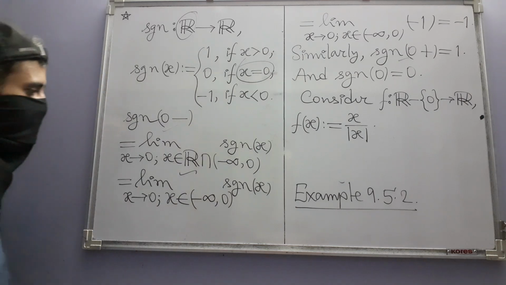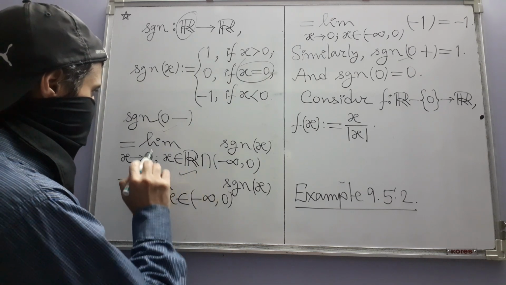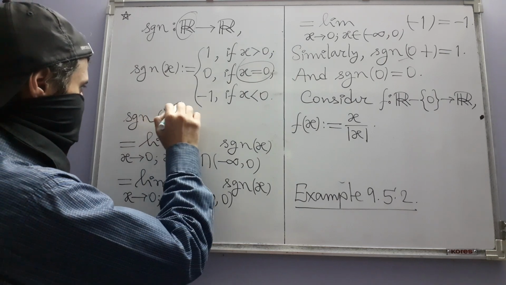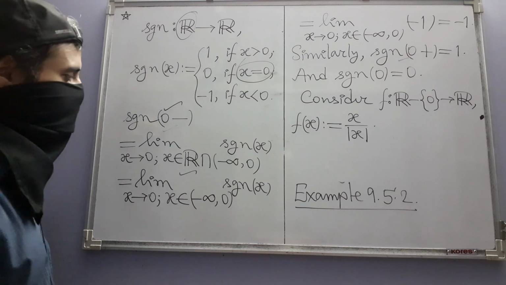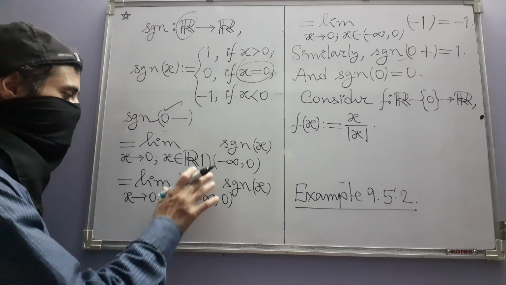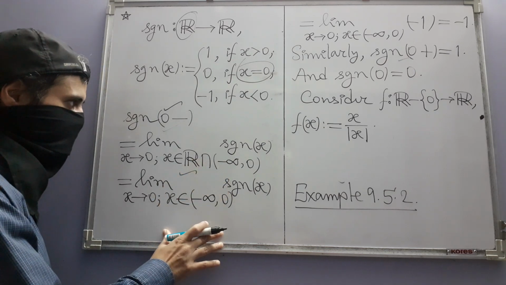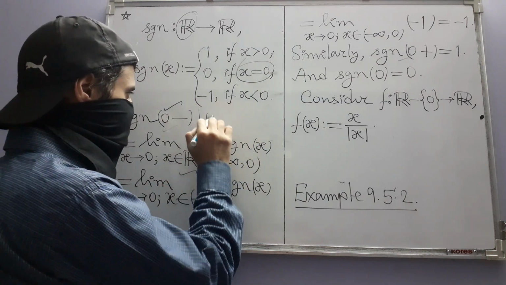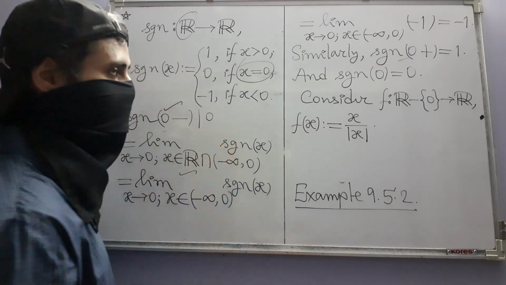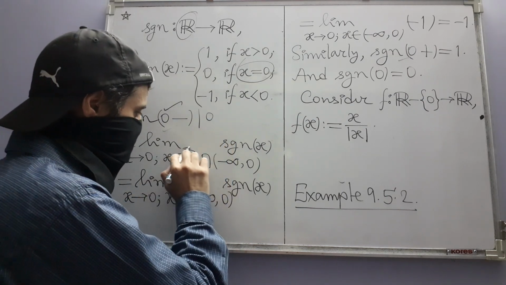Let's see that also. So what we are doing here is that we are trying to calculate the left limit of SGN at 0. However, before we go through the calculation, we should actually have made sure that 0 is an adherent point of this set.